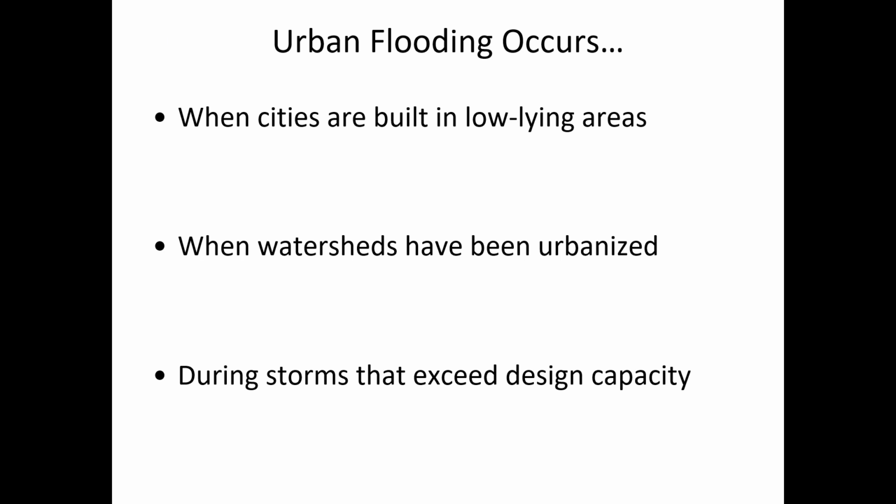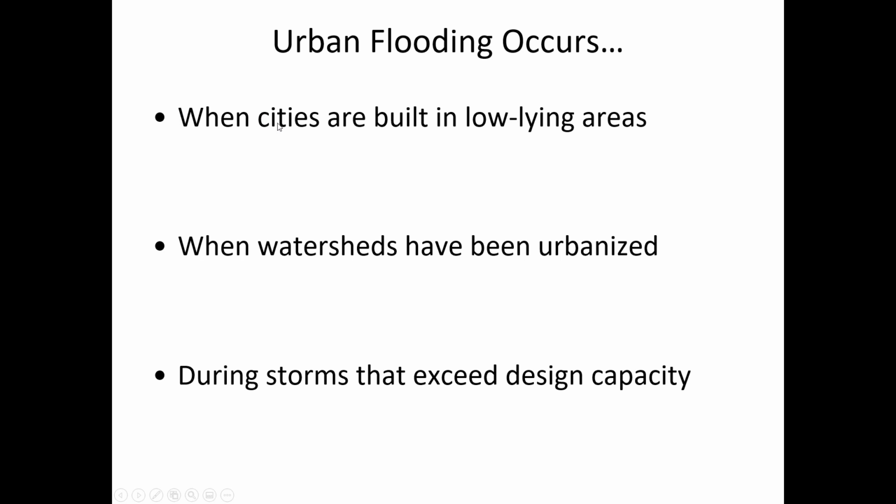Okay, so ponds, which we're going to talk about today, are primarily designed to help ameliorate the effects of urbanization. And flooding in urban areas occurs, I guess I was thinking of it broadly in three categories.